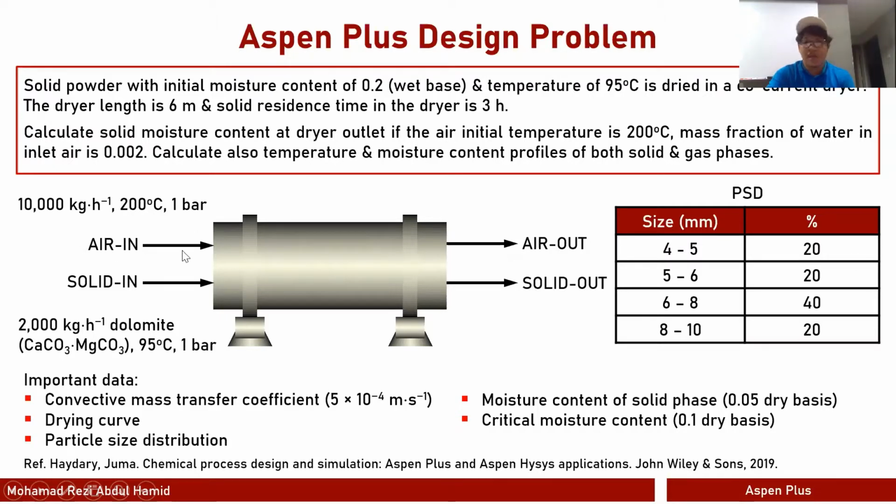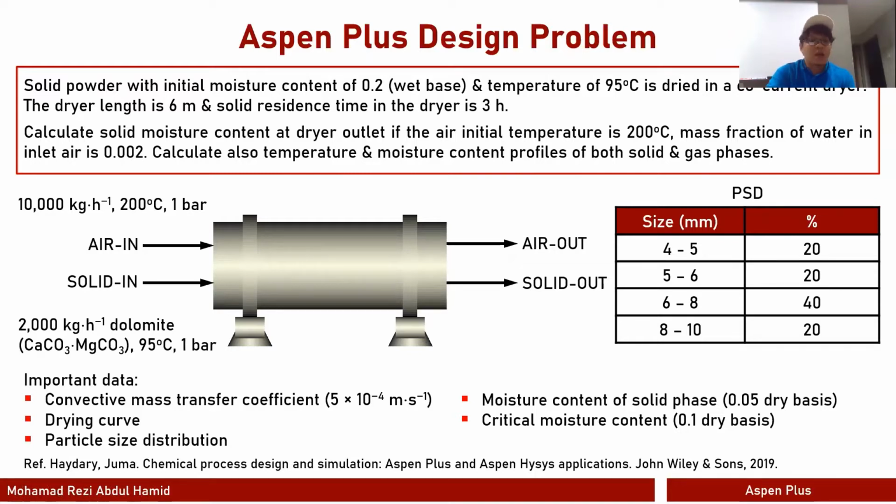After that, we have air coming concurrently into the unit operation, around 10,000 kilograms per hour at a temperature of 200 degrees Celsius and 1 bar pressure. It also contains a low mass fraction of water, around 0.002. And then both air and solid leave the dryer on the other side of the unit operation, or dryer block.